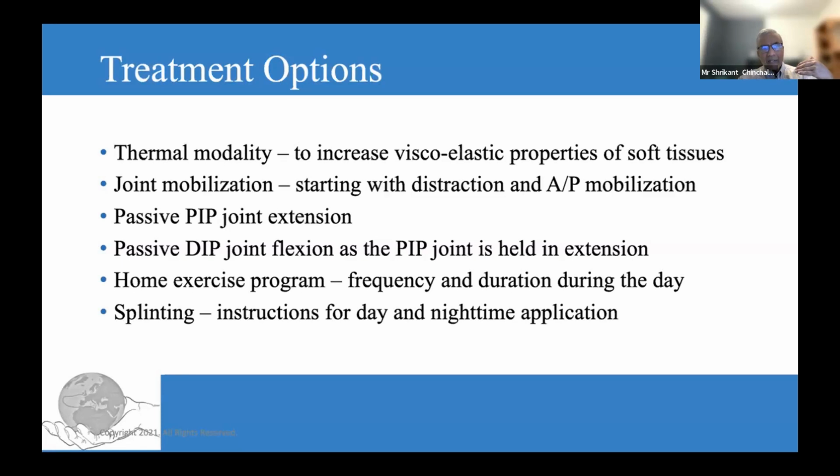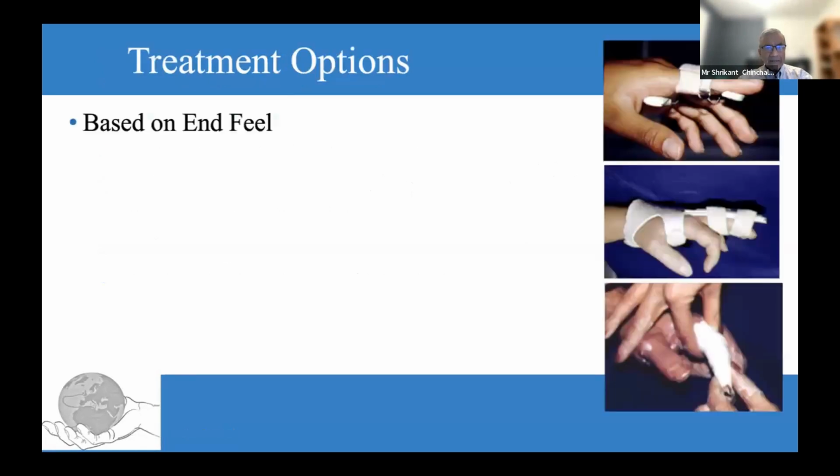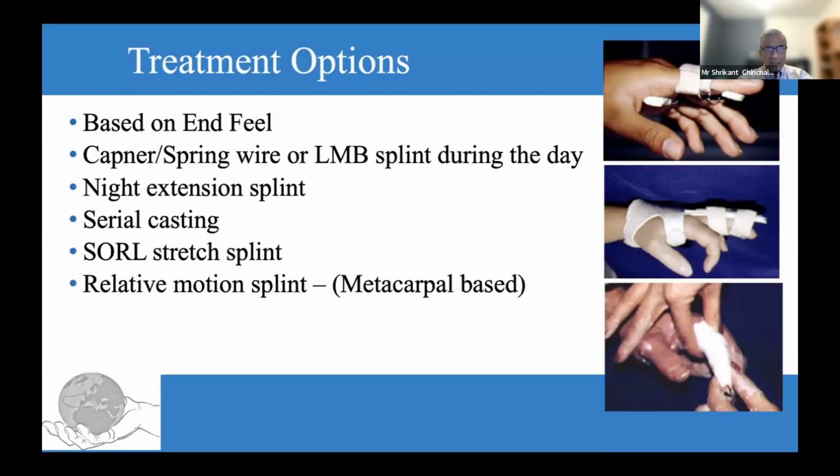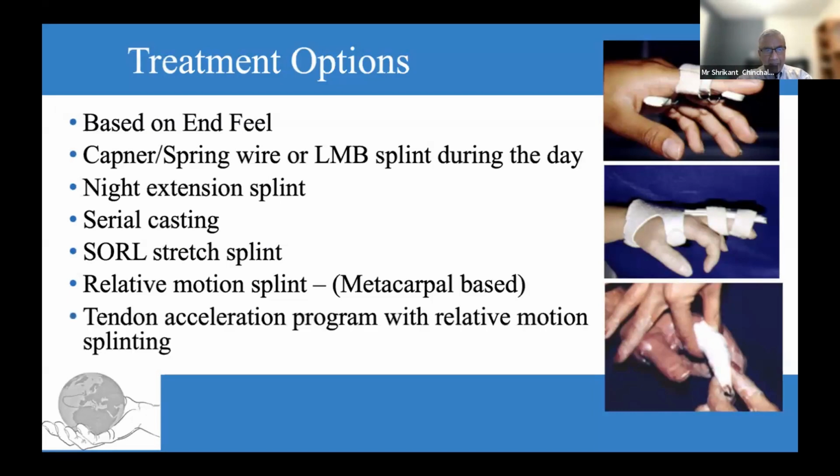And then they should be given different types of splints depending on the type of limitation these patients are exhibiting. So from the splinting options point of view, it's based on end feel. You may consider giving Capener or spring wire or LMB splints during the day or a night extension splint. And then, of course, these splints need to be modified as the patient makes gains by the splint application.